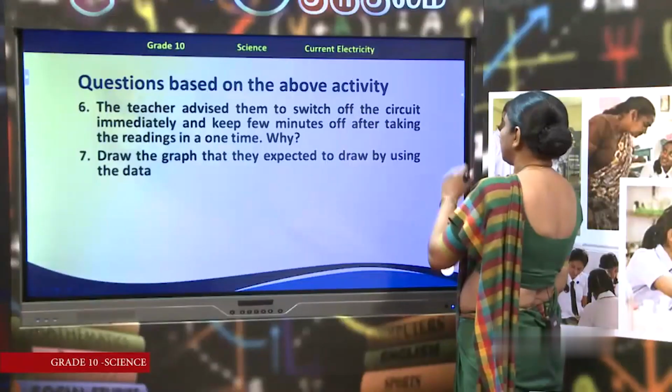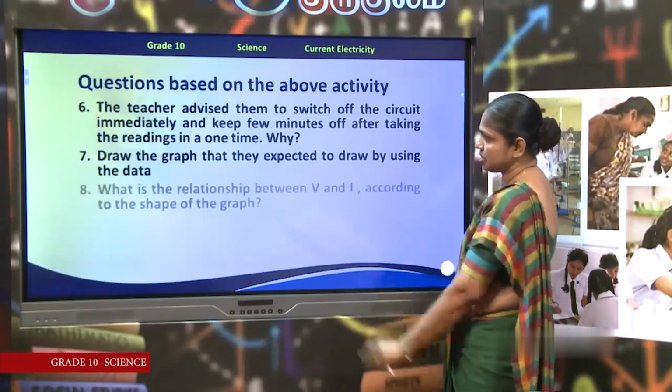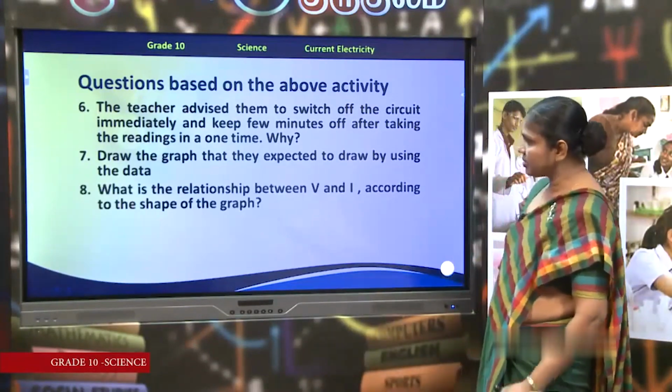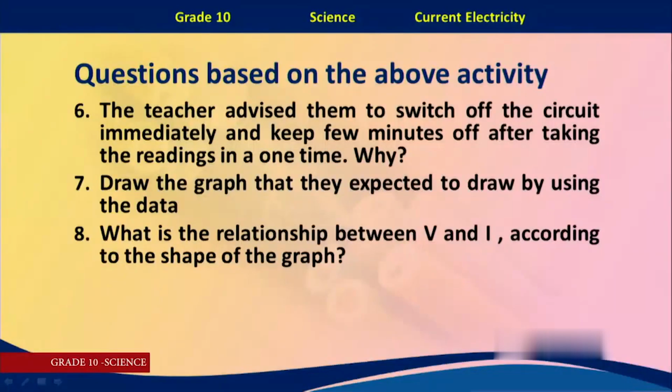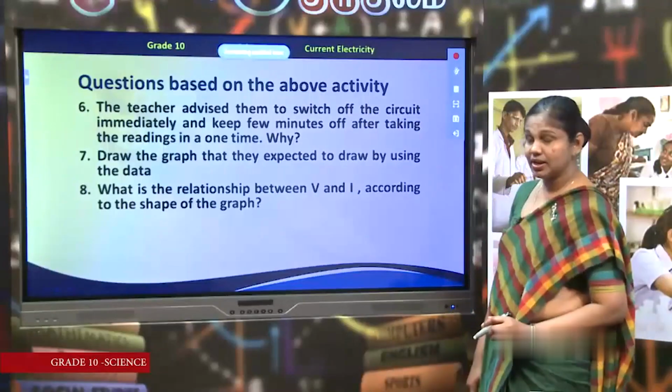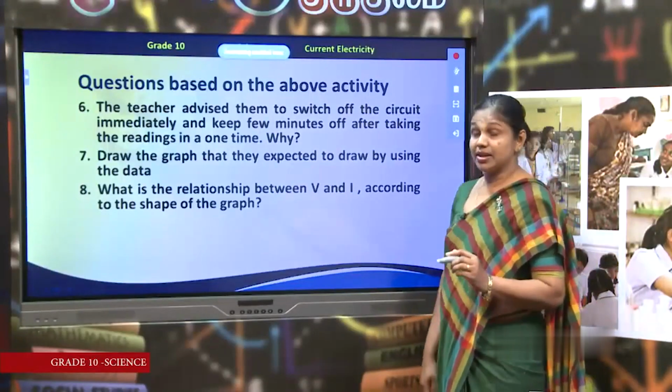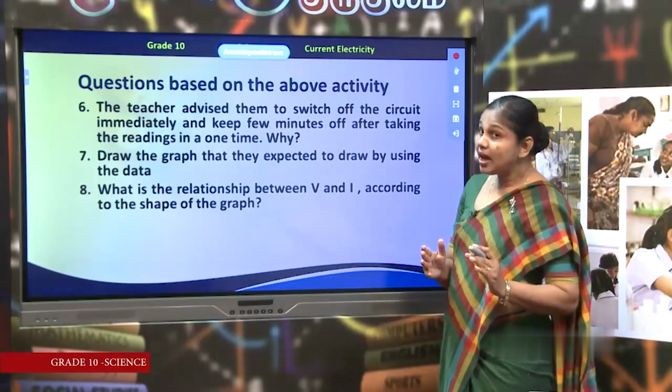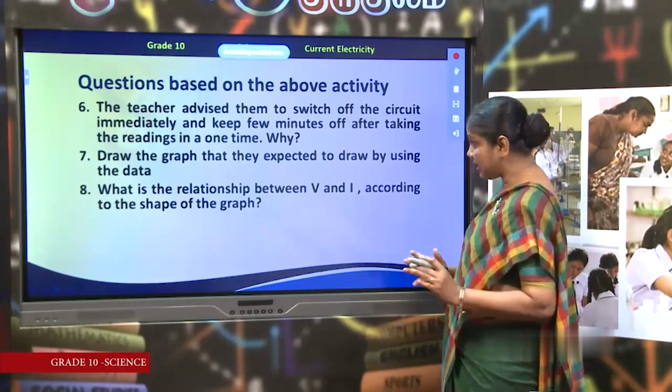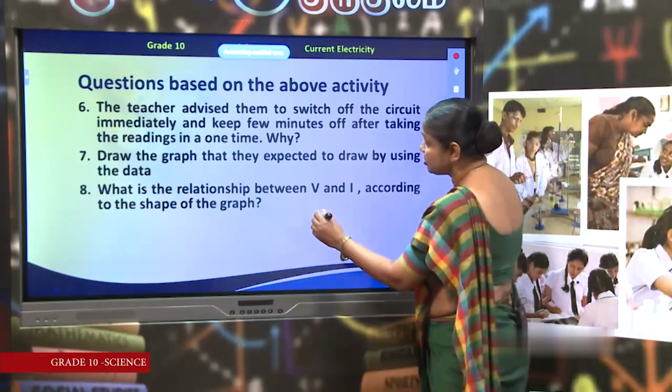Okay. Then next question. What is the relationship between V and I according to the shape of the graph? What is the relationship, children? We got that V and I have a direct proportional relationship.